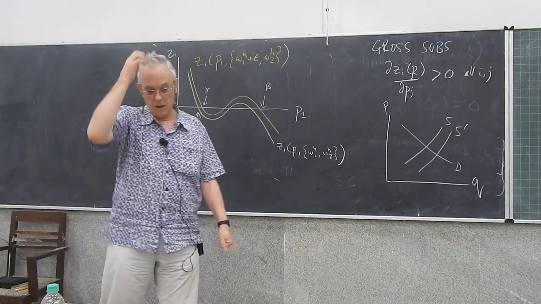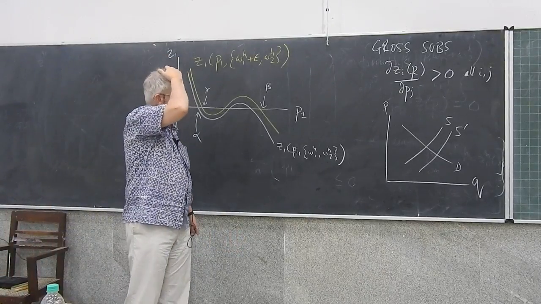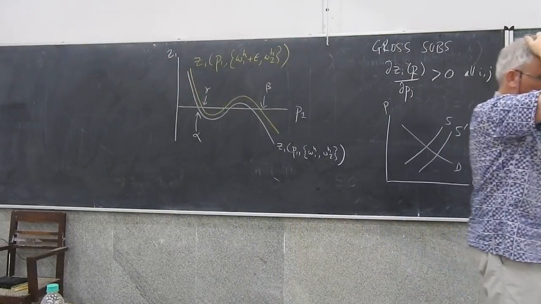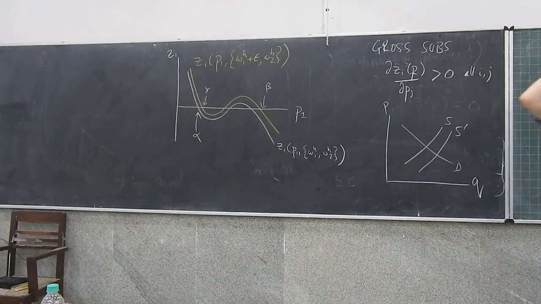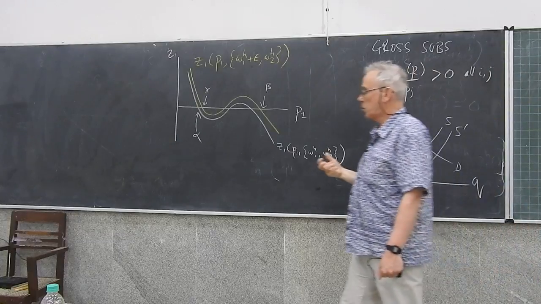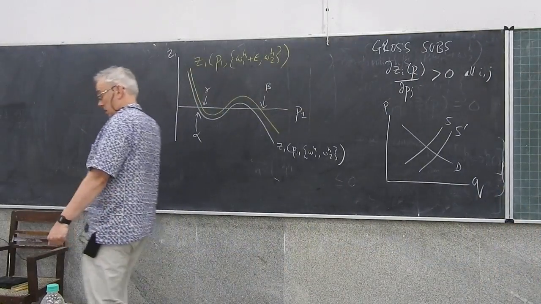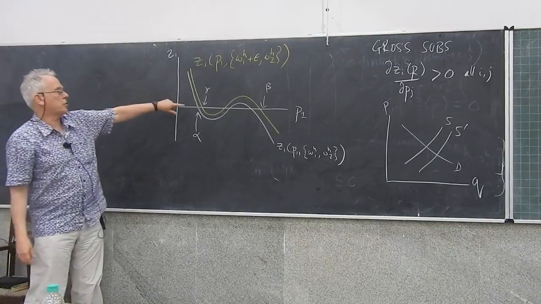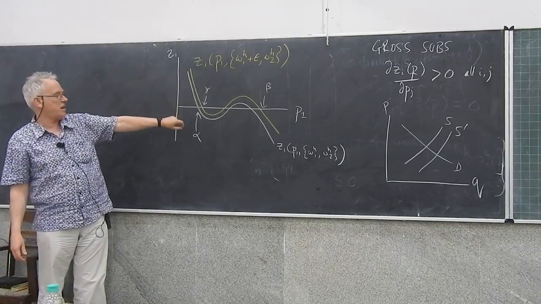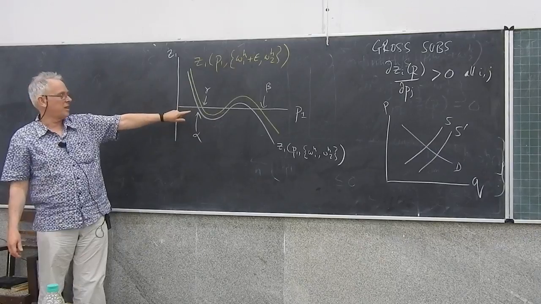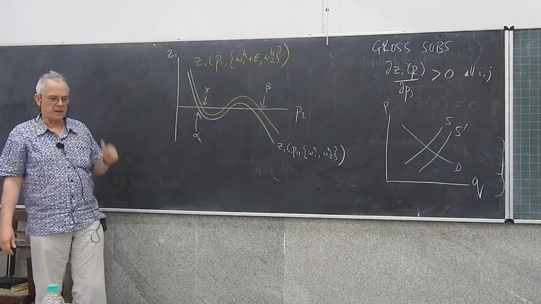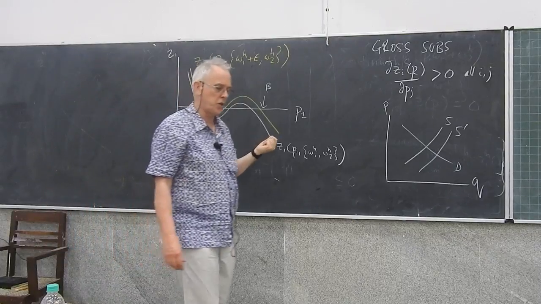Even then, we cannot guarantee that the new equilibrium price of good 1 is going to be lower. This looks misleading because it's a two-good case, and it looks obvious that the equilibrium price of good 1 has to be higher. But this is a special feature of the two-good example.